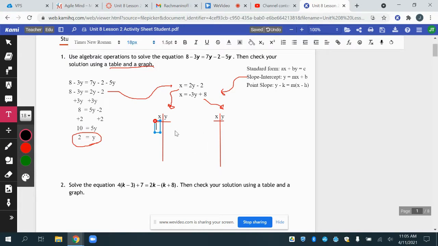Okay, so let's type in some numbers. What if y is 0? What if y is 1? What if y is 2?